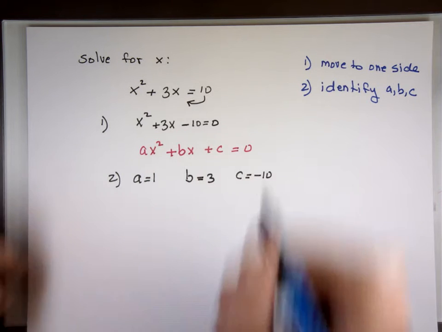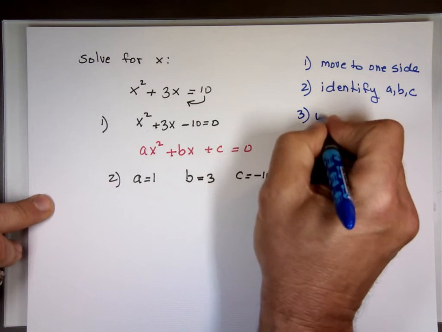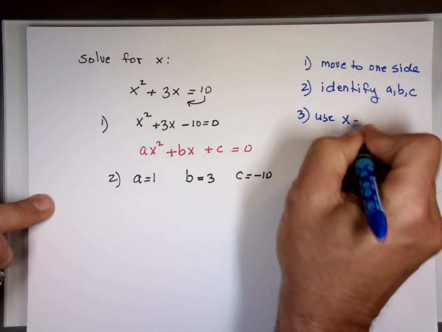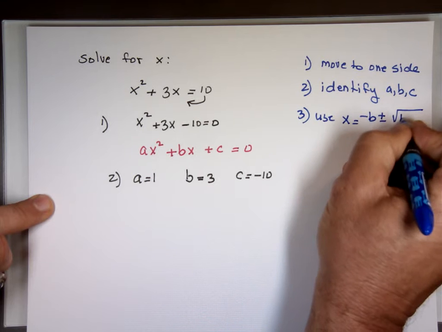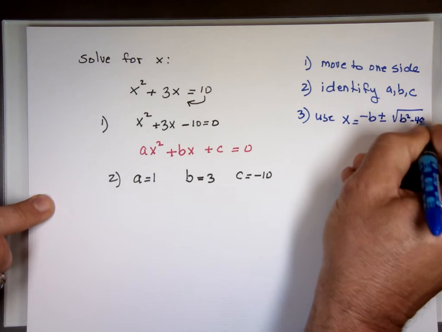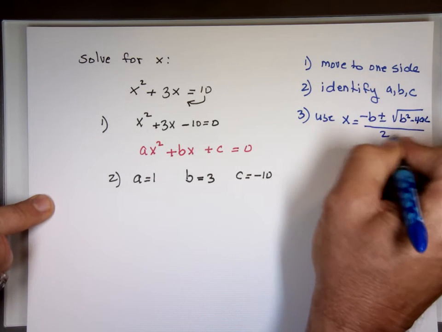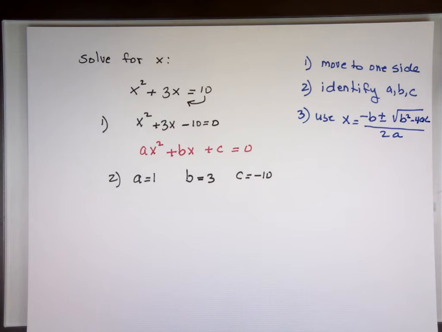And step number 3, use the quadratic formula that x equals minus b plus or minus the square root of b squared minus 4ac divided by 2a. Use that to solve for x.